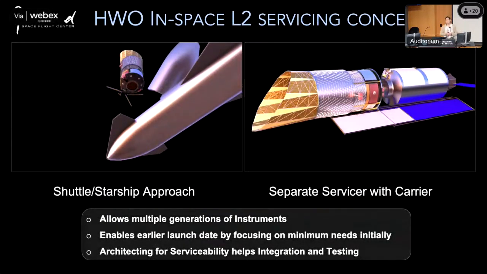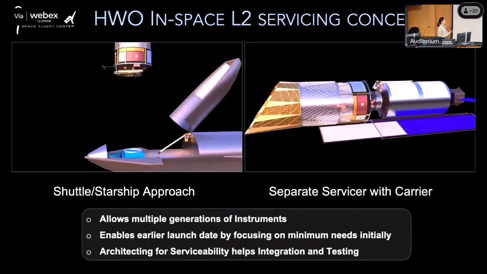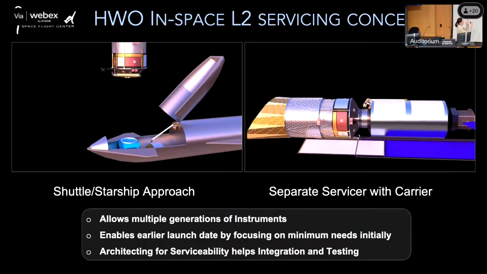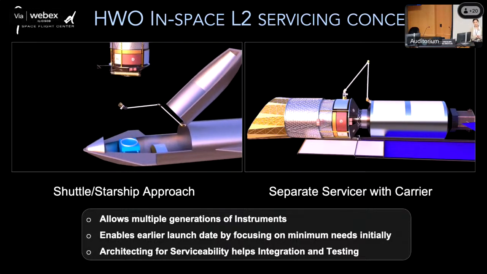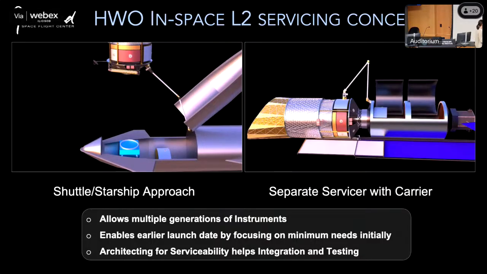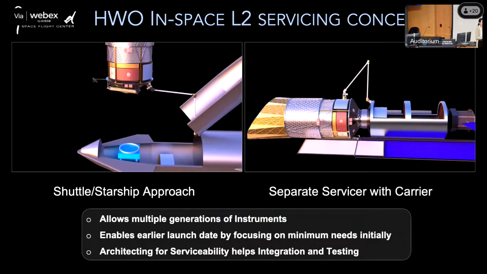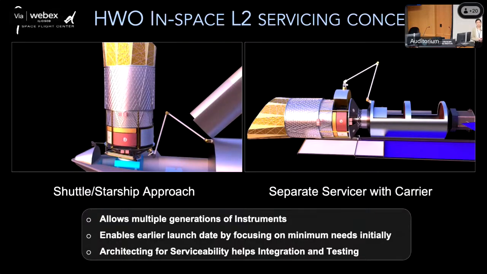I think one of the aspects that captures the imagination is the fact that people are designing the mission to be compatible with servicing. Imagine that, servicing, not in LEO, at L2, robotic servicing. So what this buys us is that, like Hubble, we can have multiple generations of instruments.